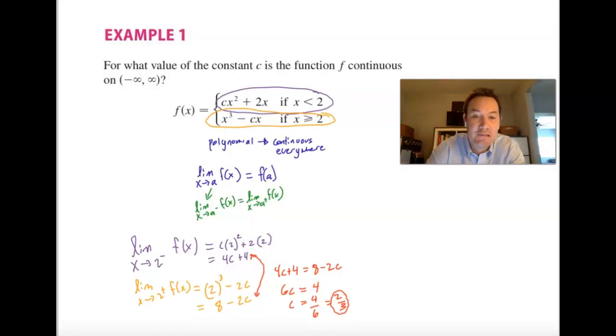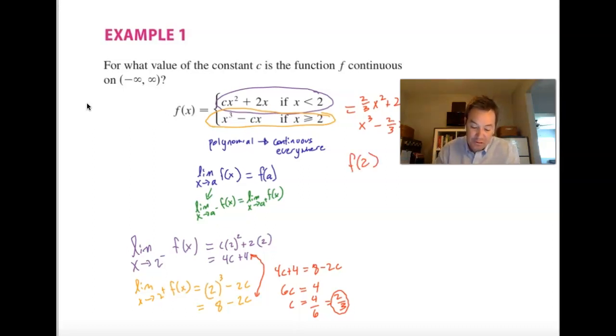To go back to the example to verify that, what we had was 2 thirds x squared plus 2x, and then down here we had x cubed minus 2 thirds x. If we actually plug in f of 2, we should be using the bottom piece, because that is where it includes 2.